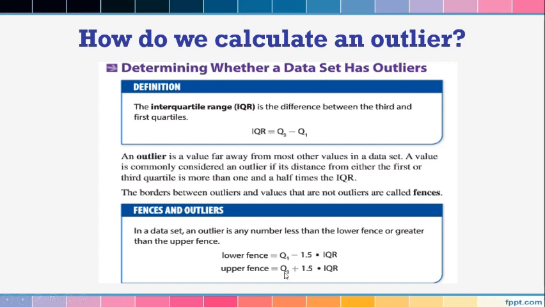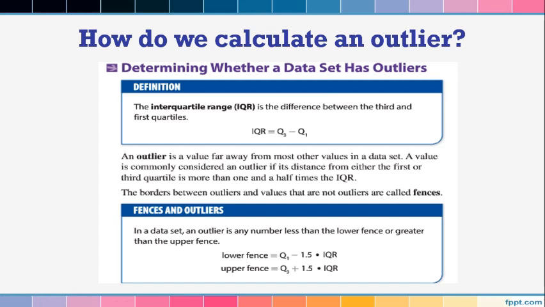And then your upper fence is your third quartile plus 1.5 times your interquartile range, your IQR. Those are the formulas that we use. Anything below the lower fence is an outlier, and anything above the upper fence is an outlier on the opposite end of the spectrum.